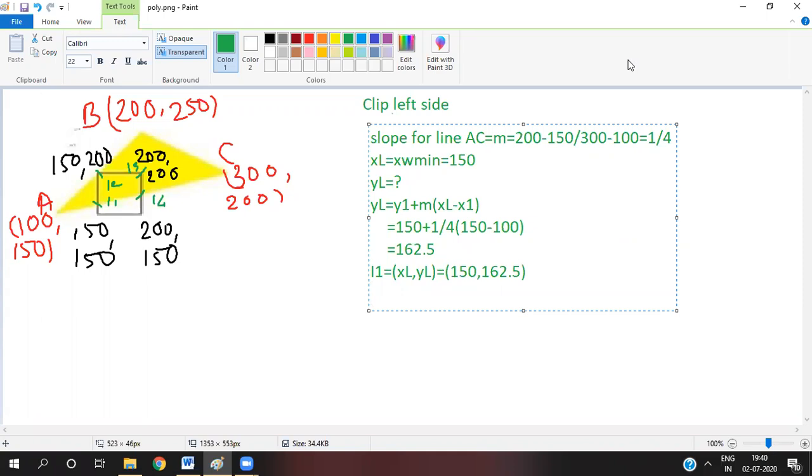So let's write the left vertex list now. After clipping, the left vertex list is equal to 150 comma 200, then the next point is 150 comma 162.5.